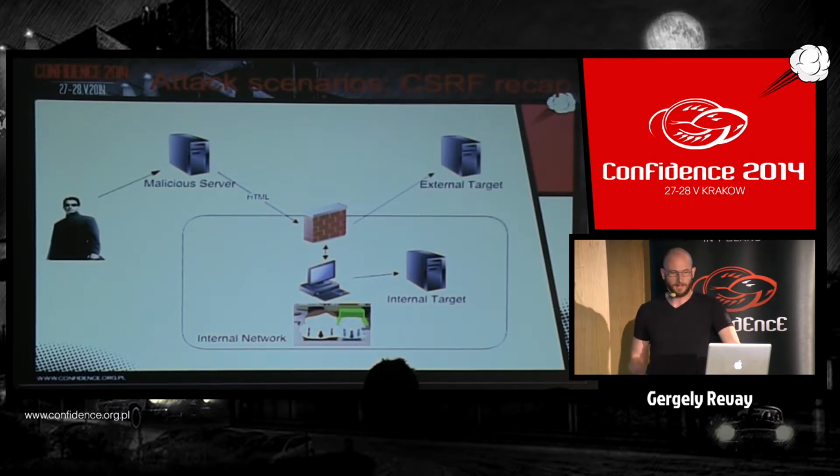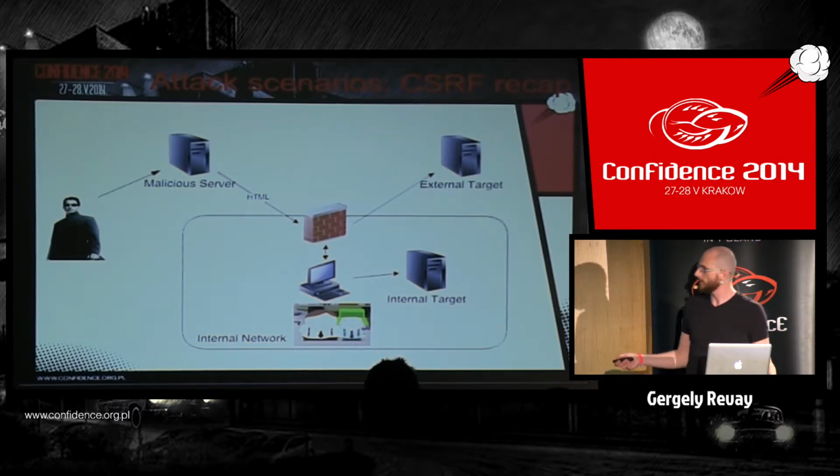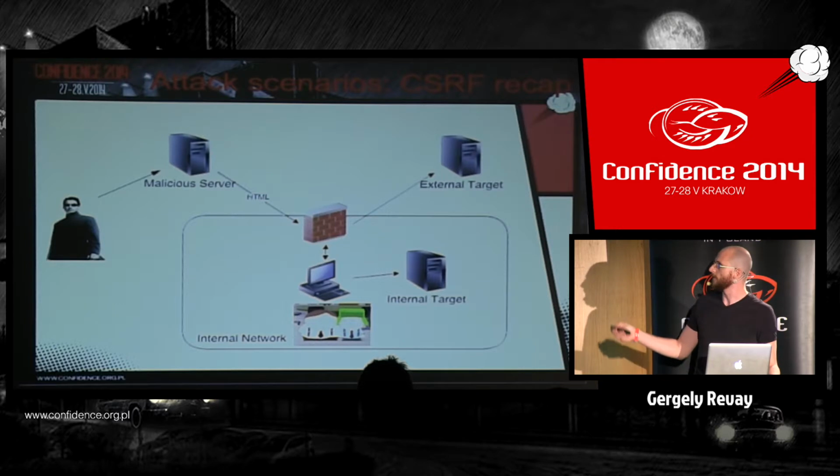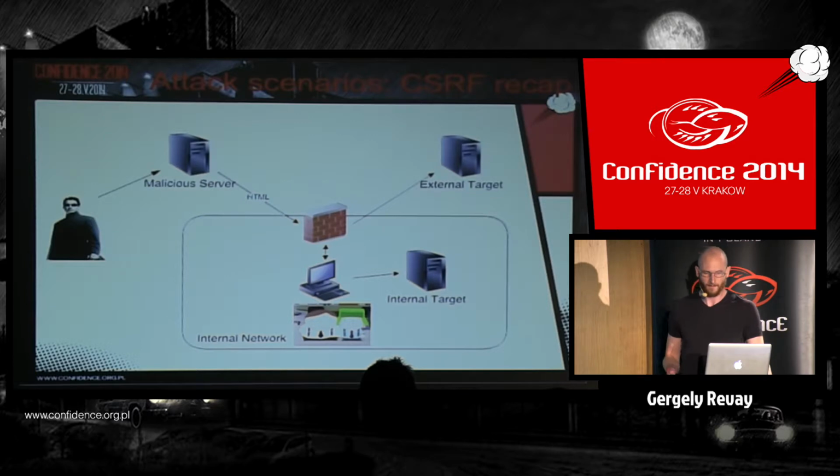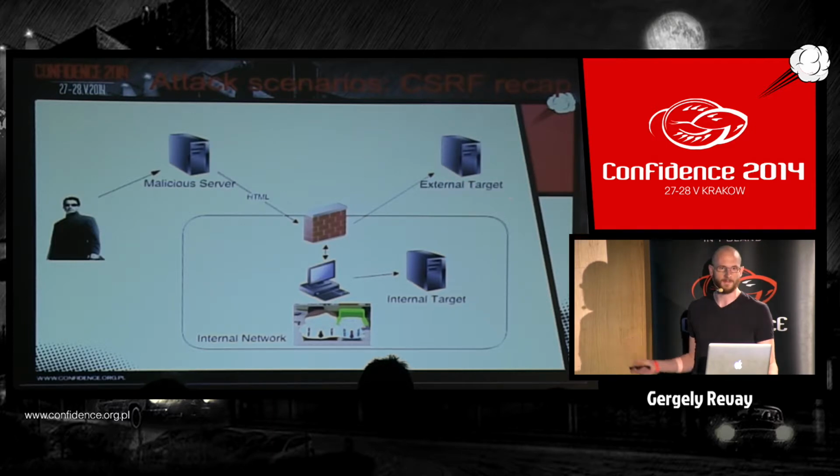So the point is that, for instance, here are our target users, and here is, for instance, Facebook. Let's assume that Facebook is vulnerable to cross-site request forgery. Probably not, but let's just assume for the sake of example. So what this attacker wants is to post something on your wall on Facebook.